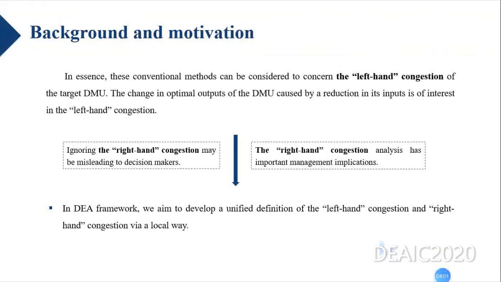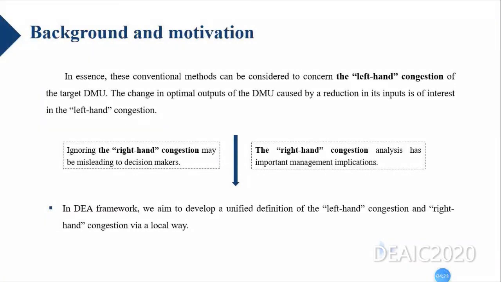However, the traditional methods will give a result that the DMU has no congestion. But this may mislead decision makers to continue to expand their inputs, which may bring congestion for production.